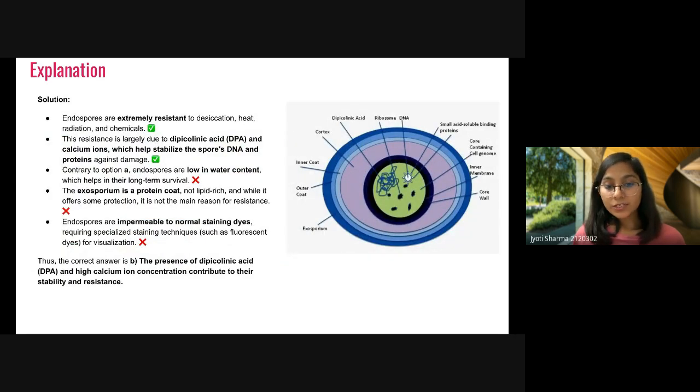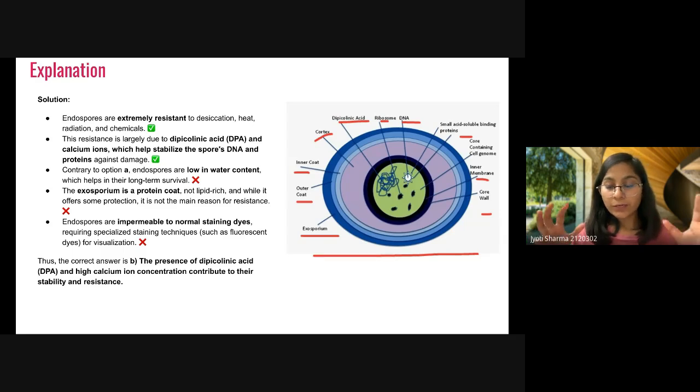So this is the structure of endospores. On the outside, we have the exosporium, the outer coat, the inner coat, the cortex, DPA, ribosomes, DNA, some proteins, the inner membrane and the core wall.